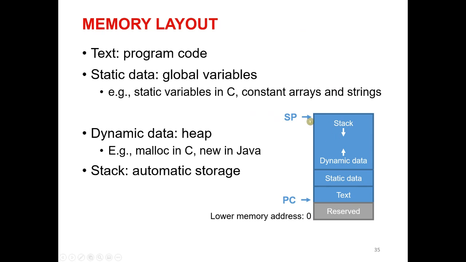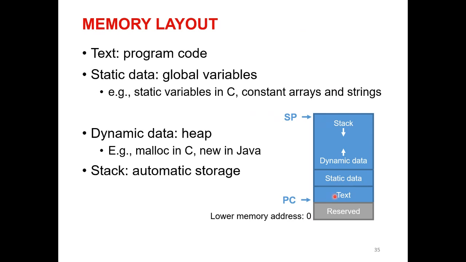And now you probably understand why it grows from up to down. Because here we have some space, but we don't know how much space the text segment or the static data will use. So we just start the stack pointer from the top and start using the stack from the top to down. And with this, we can use all this space for my stack, and I can use the space from lower addresses to higher ones for my program.